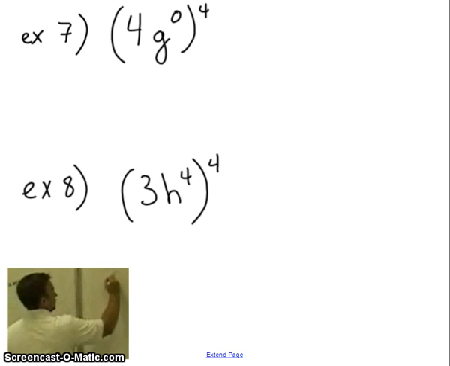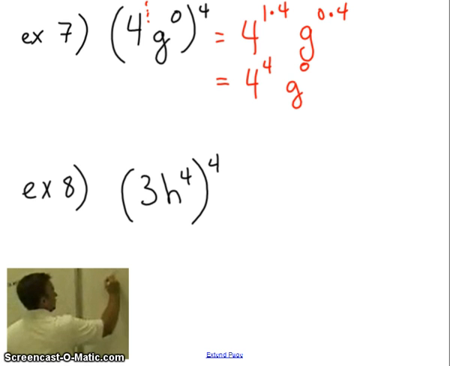Example 7, 4g to the 0 power raised to the 4th power. So we have 4 to the 1st times 4, because we have a power to a power, and again, this invisible 1 that's there. And then g to the 0 times 4. So we have 4 to the 4th and g to the 0 times 4.